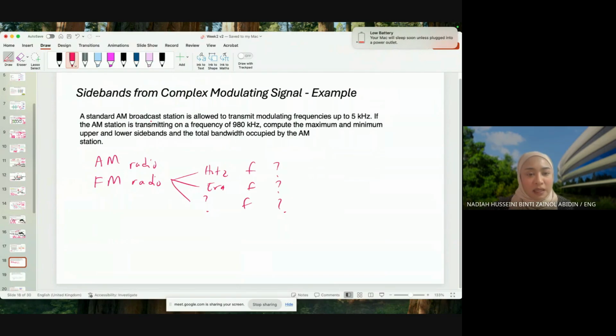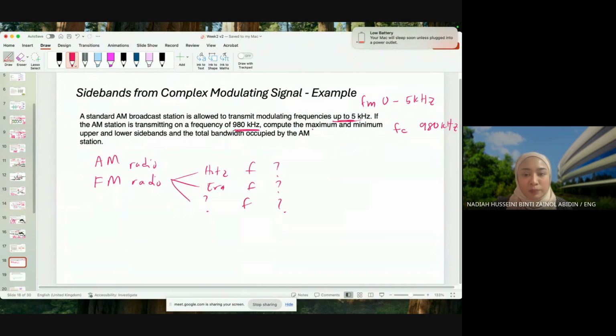Okay, so a standard AM broadcast station is allowed to transmit modulating frequencies up to 5 kilohertz. Up to means it can be from 0 up until 5 kilohertz. This is your FM. If the AM station is transmitting on a frequency of 980 kilohertz, transmitting on means that is the carrier, your FC carrier frequency, so it is 980 kilohertz.